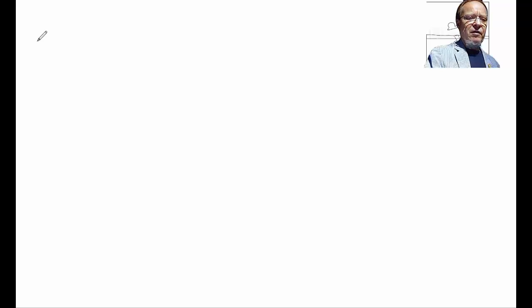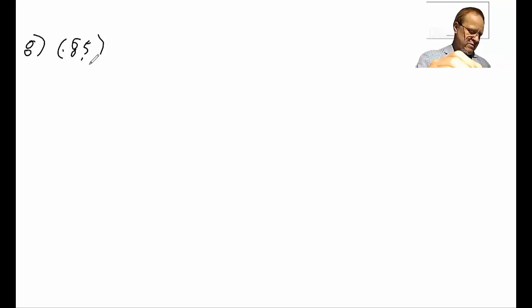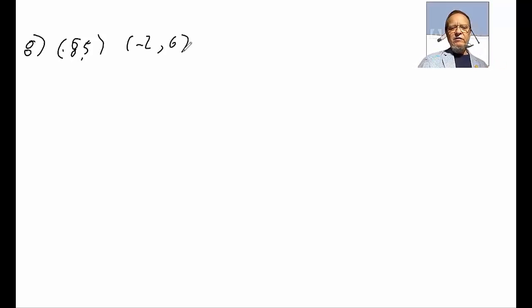In example number 8, we're given 2 points that form a line segment, and the 2 points are (8, 5) and (-2, 6). So we want to find what the slope would be of any line perpendicular to it.